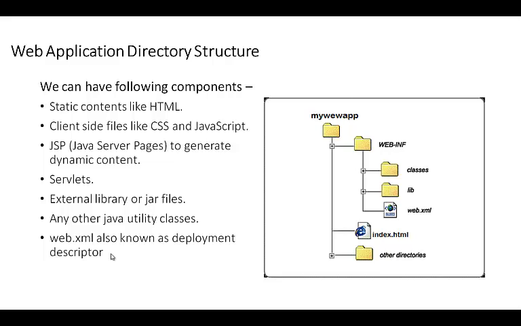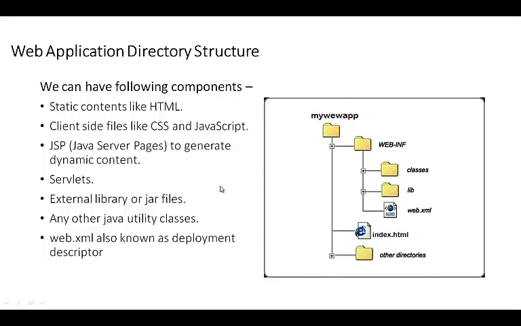Now we've also spoken about servlets. Servlets are actually the building blocks for every Java web application. A servlet is a server-side technology which extends the capability of web servers by providing dynamic response.